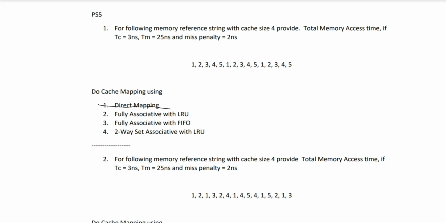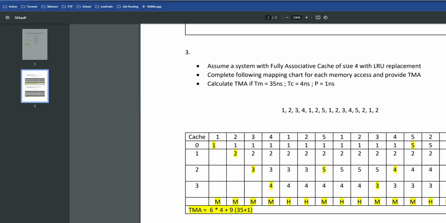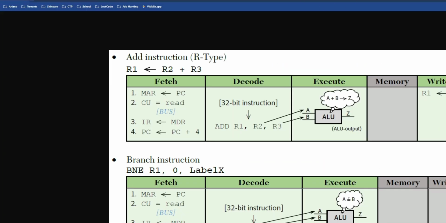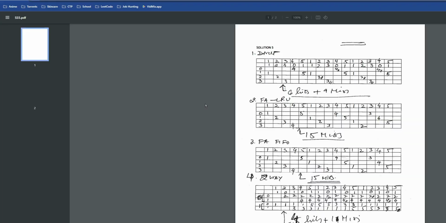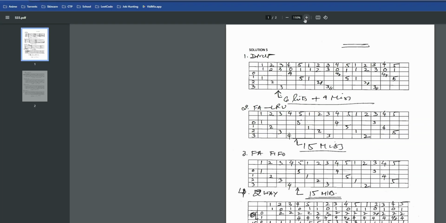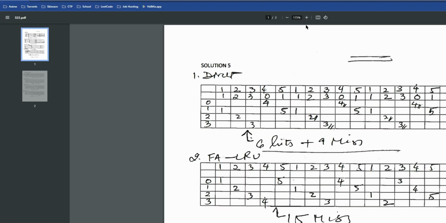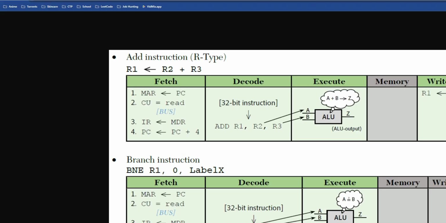We just did direct mapping, and we just did LRU. I guess we could do FIFO, right? And 2-way set associative. How does he even do the solution set? This. Oh my god, he really does draw it.